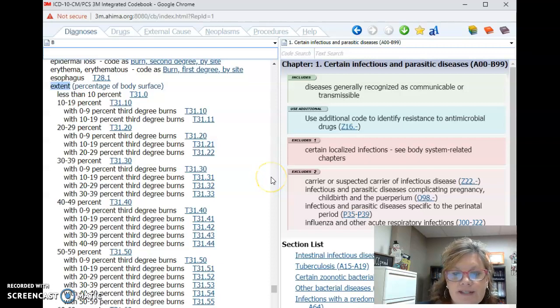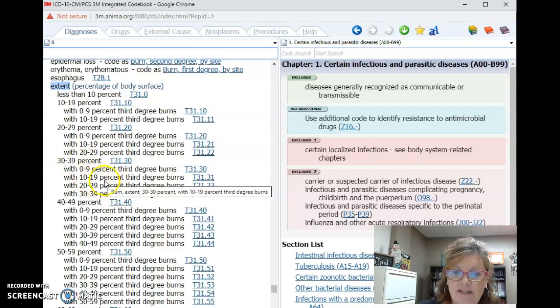Okay, so we're going to say that I had 35% of my body was totally burnt. Okay, but I only had 10% that was third degree burns. Okay, so if I have 35%, it goes right into this area. Okay, that's total body.